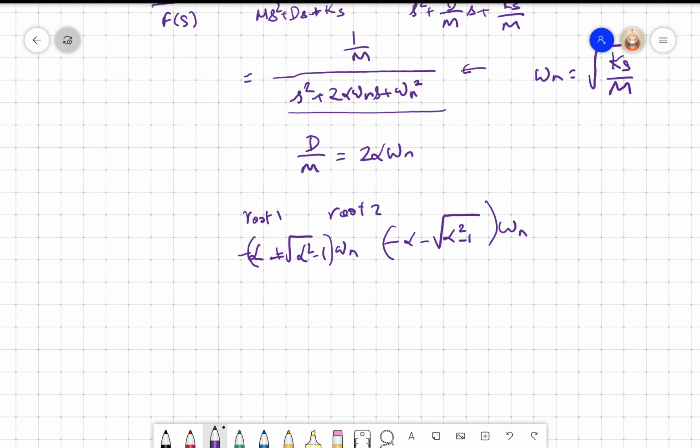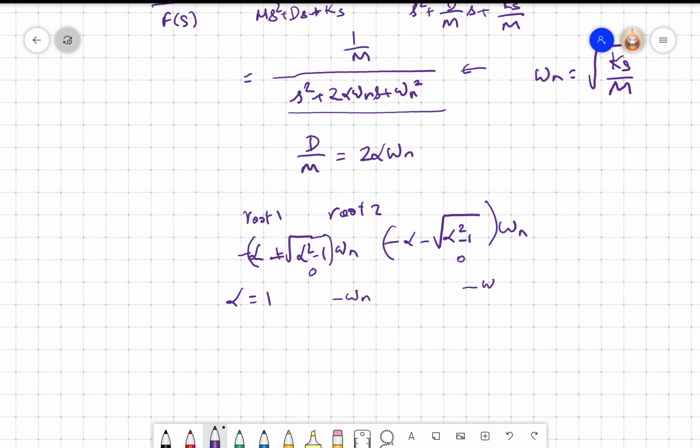Now if I look at alpha equal to 1, right? When alpha equal to 1, what happens? Alpha square minus 1 becomes 0. So alpha is anyway 1, so I'll have minus 1 omega n. So this is minus omega n.